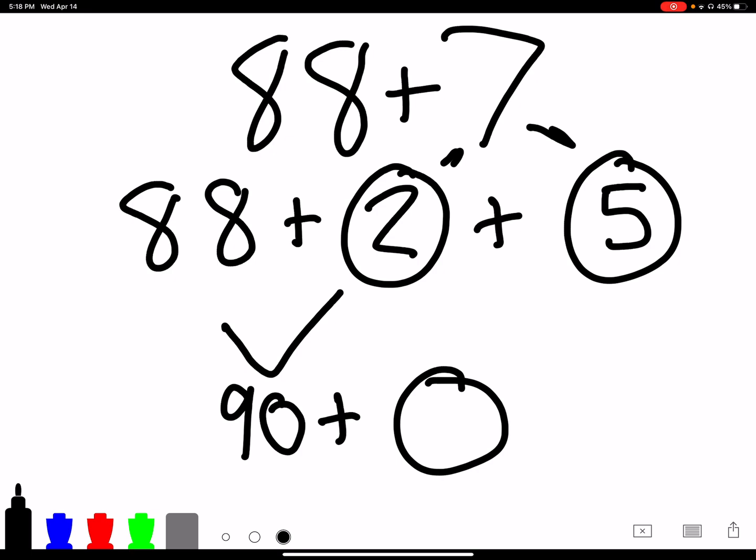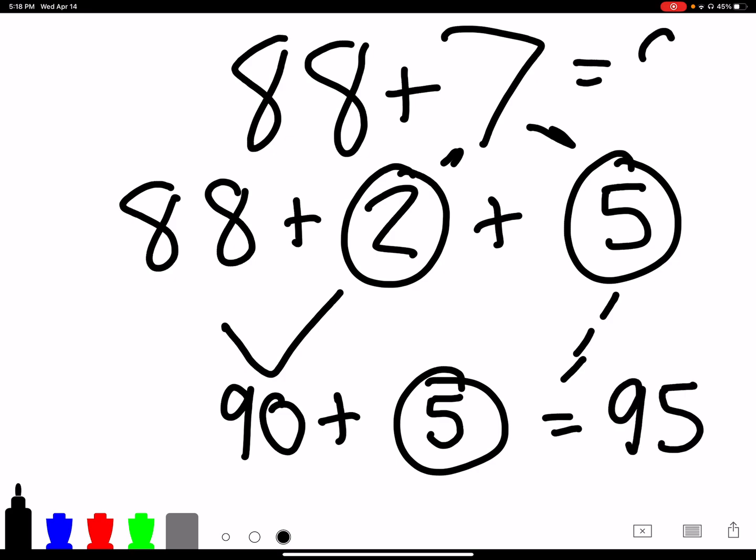And so then down here, it brings this answer to 90 because 88 plus 2, so you would just drag that 5 here to give you a more simplified answer of 95. And then 88 plus 7 would also equal 95 as well.